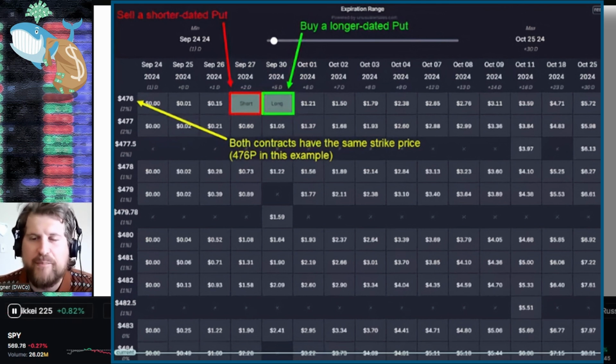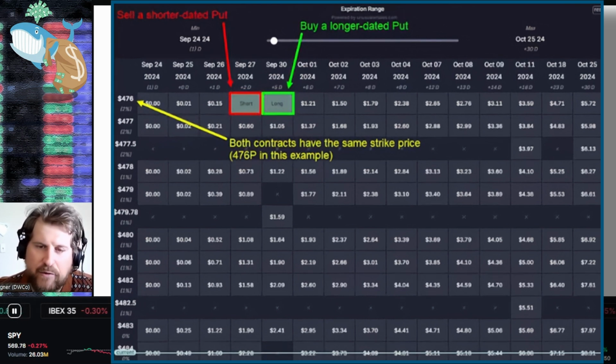What I'm proposing in this example is selling the 476 put for this upcoming Friday, the 27th, and buying the 476 QQQ put for this upcoming Monday.